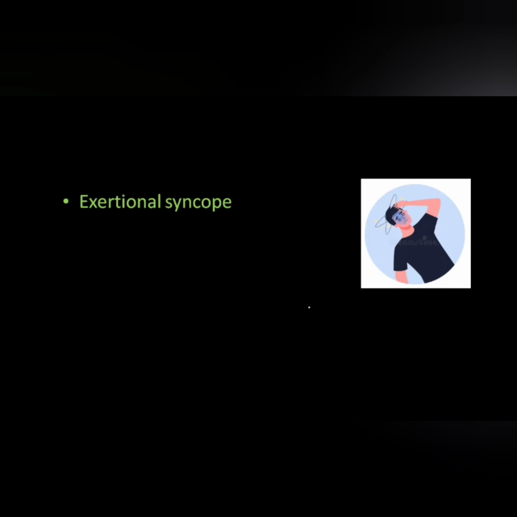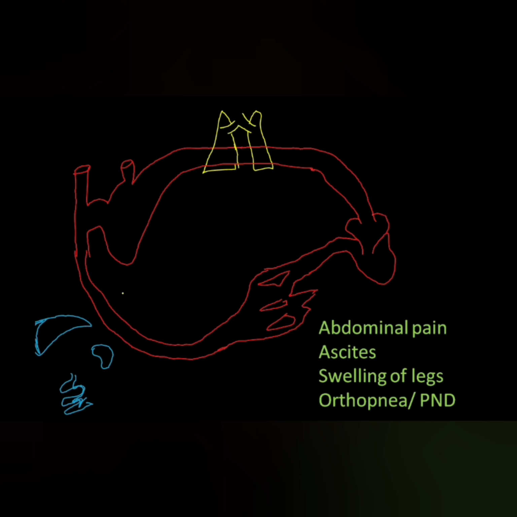The second one: these people with cor pulmonale cannot tolerate any amount of exertion because the increased cardiac output demand is not met. Therefore, they can have exertional syncope because of reduction in the cardiac output.